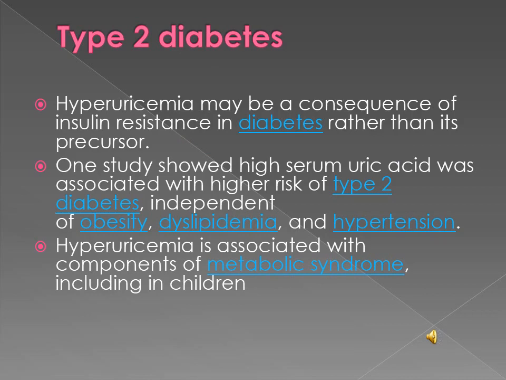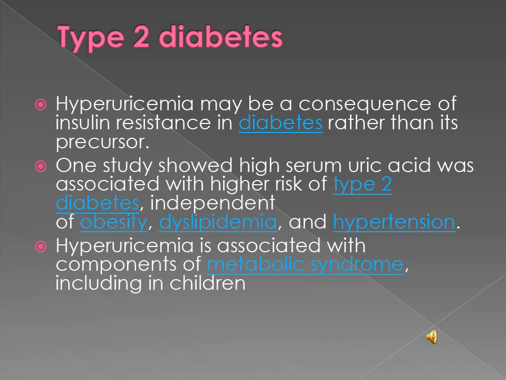Hyperuricemia, or excess uric acid, can cause insulin resistance. Some studies showed that high serum uric acid was associated with a high risk of type 2 diabetes, independent of obesity, dyslipidemia and hypertension.